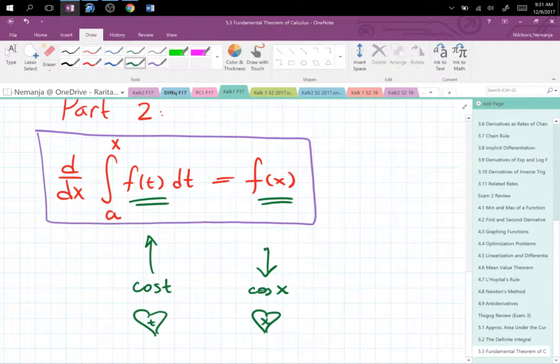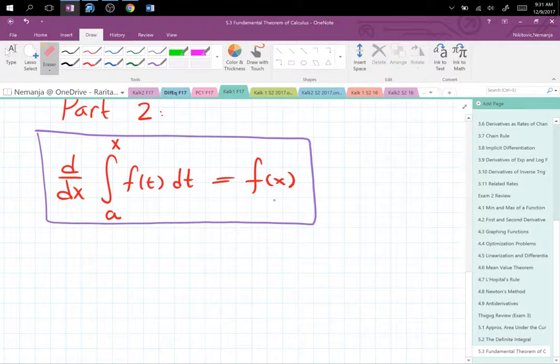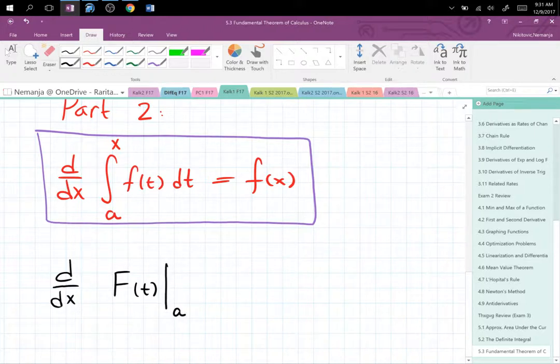Right? So now, again, this is theoretical now. We are going to first show the short proof and derivation for this. We know that when we integrate a function, we get the antiderivative, and its antiderivative will be computed between a and x. And I still have to apply the derivative to it.